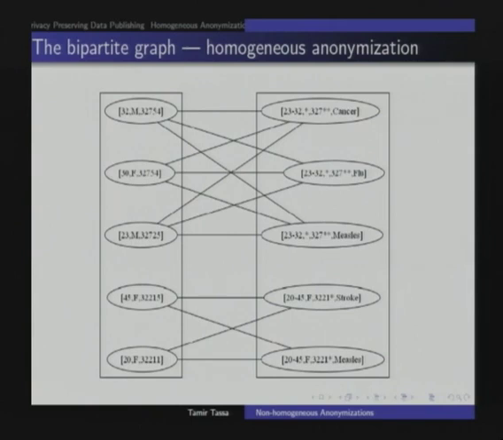This side reflects the knowledge of the adversary. I assume that the adversary knows the quasi-identifier tuples of all people in the database. This is a serious assumption regarding his strength. What you see on the right is the table that I published. In this case, you see the regular homogeneous anonymization.